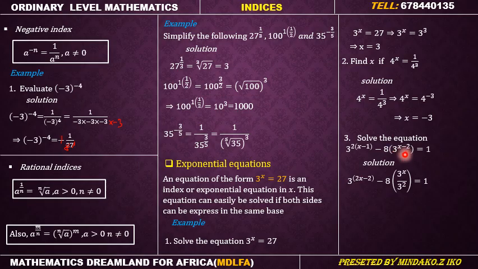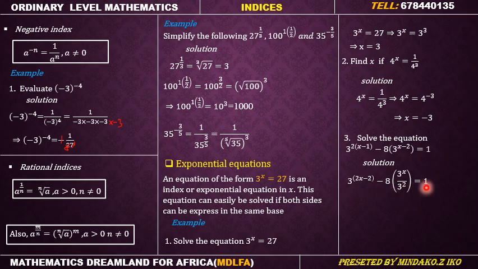Since I have 3 power x minus 2, it simply means 3 power x divided by 3 power 2, since according to the division law, I can express this as 3 power x minus 2, which is the same as this value here. If I express it this way, all of this is equal to 1.